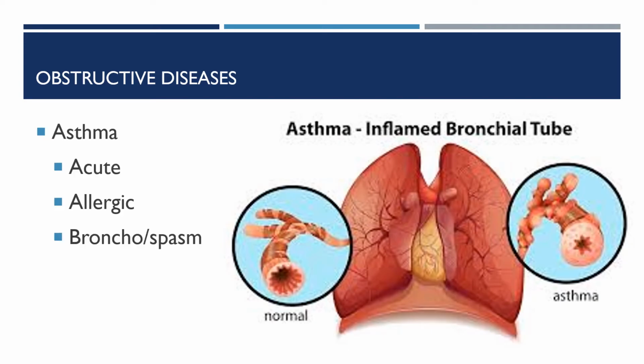So asthma. Asthma is also an obstructive disease. Asthma is an inflammation of the bronchial tubes. Now, different from bronchitis in that this is typically acute and it's typically allergic.